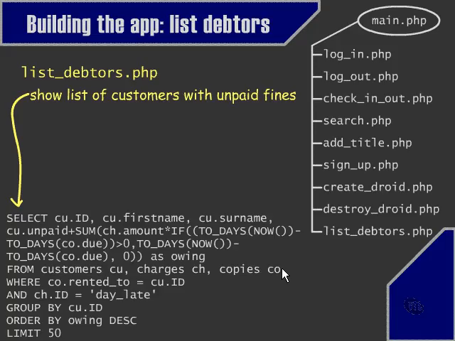The charges information is only accessing the amount that has to be paid per day late. So that table is not even joined onto the others.